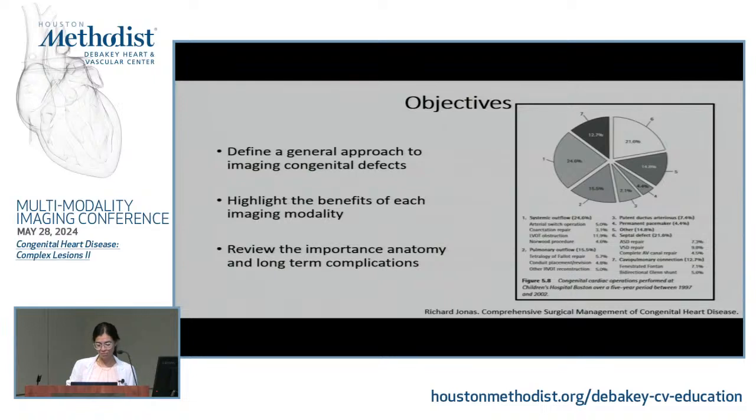Conduit revisions were next, and other types of RV reconstruction were third. The first one is tetralogy of Fallot repairs, but the second and the third may just be redo surgeries in patients with tetralogy of Fallot.